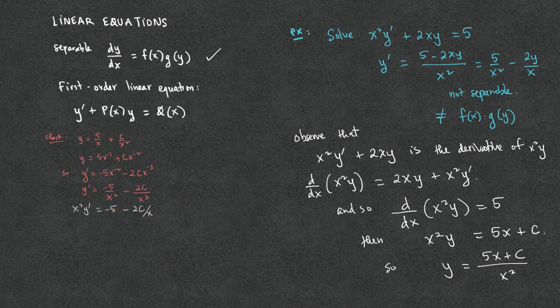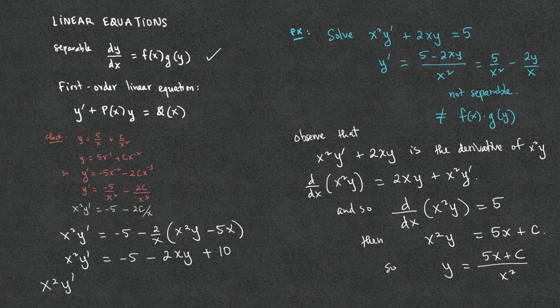But c is x squared y minus 5x. So we replace c with x squared y minus 5x, and then we simplify. We get x squared y prime equals negative 5 minus 2xy plus 10, which is x squared y prime plus 2xy equals 5, the differential equation that we started out with. And so we know that this is the correct solution.